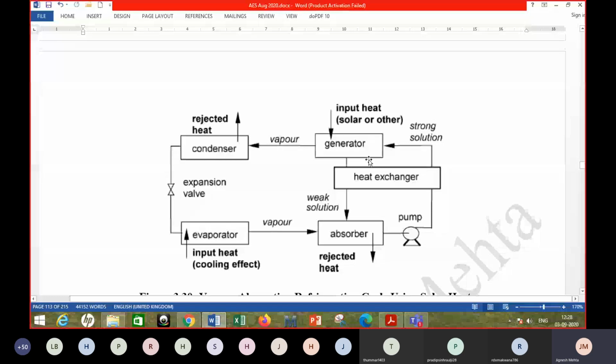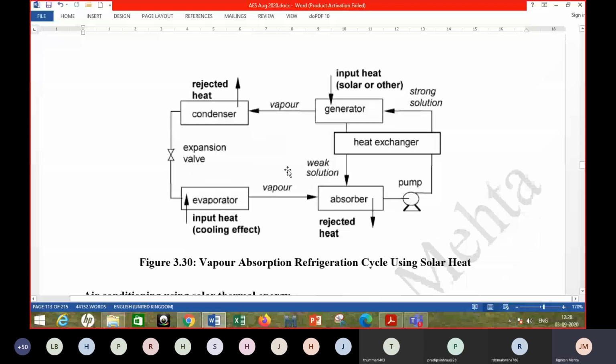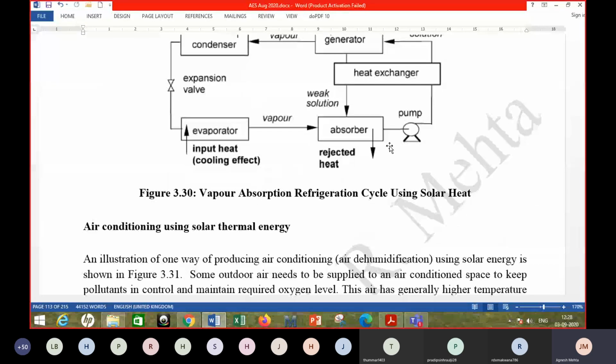Okay. Now it can also be used for air conditioning. Most of you might know air conditioning as the domestic air conditioner which is used in homes. But when you say air conditioning, there is a part of removal of moisture also.